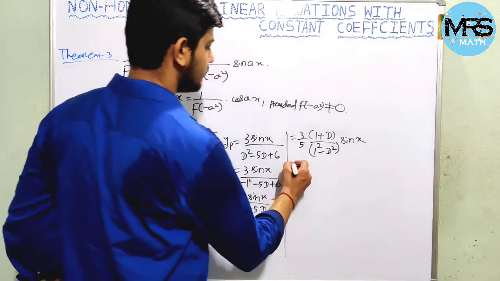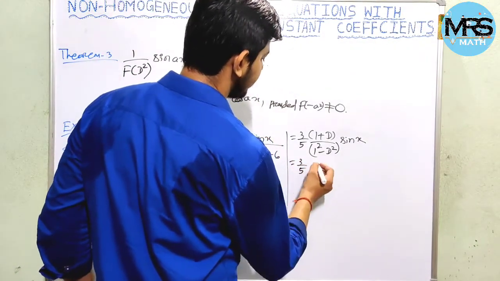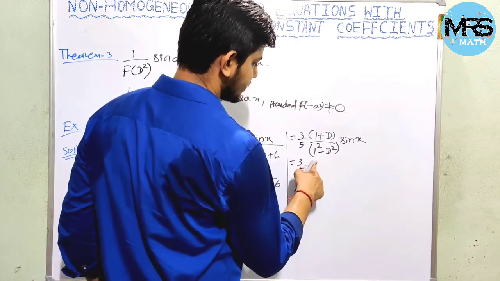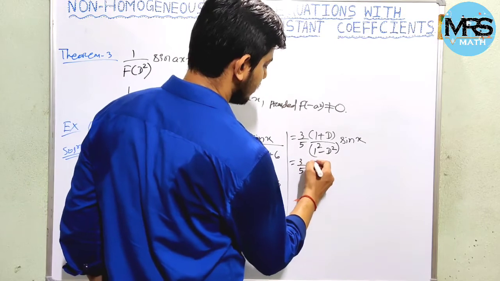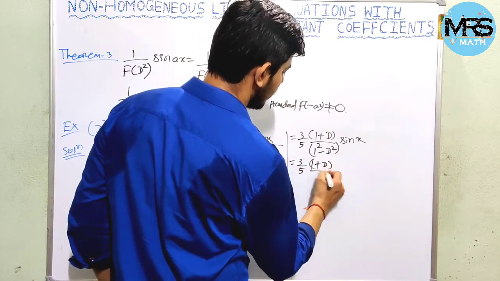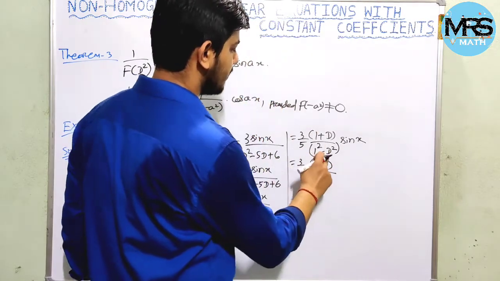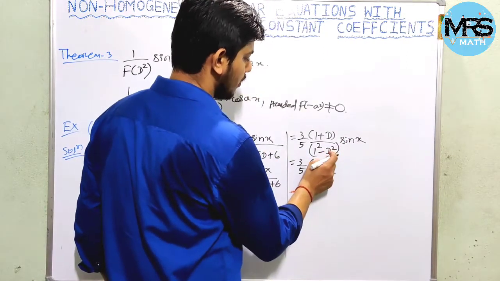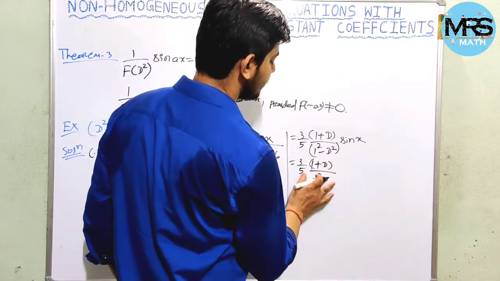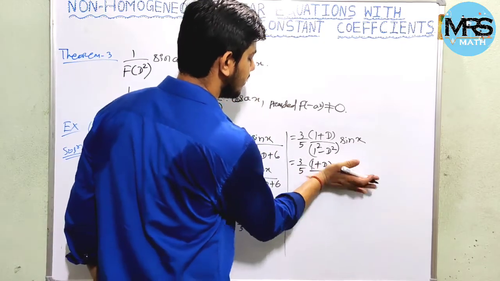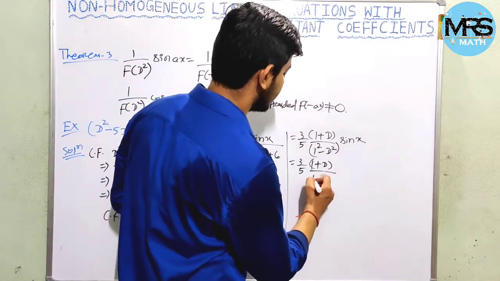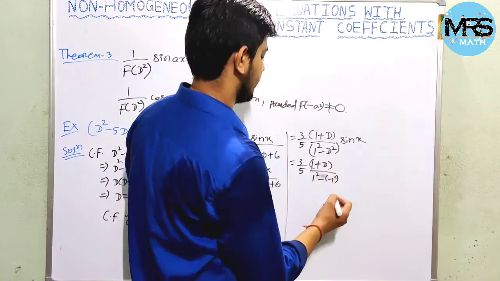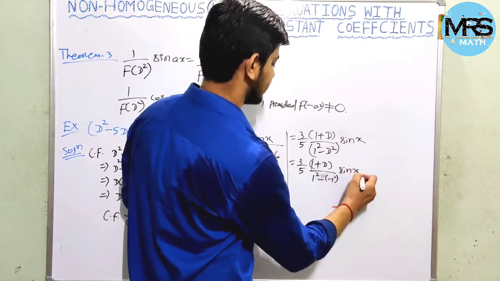Now I will solve it. That is 3 by 5, 1 plus D, over 1 square minus of minus 1 square, that is plus 1. Let us solve in detail, it is a very important part: 1 square minus 1 square into sin x, correct?